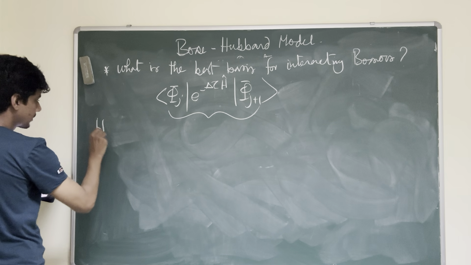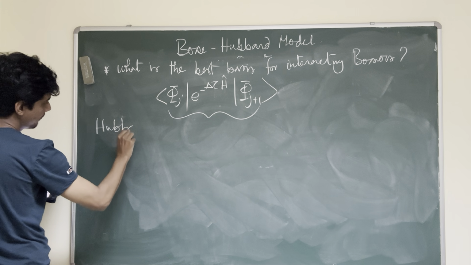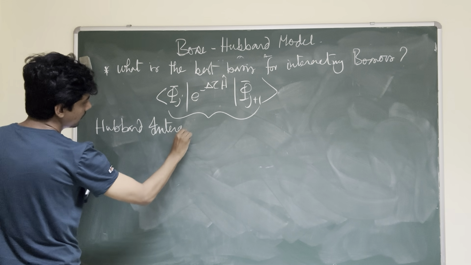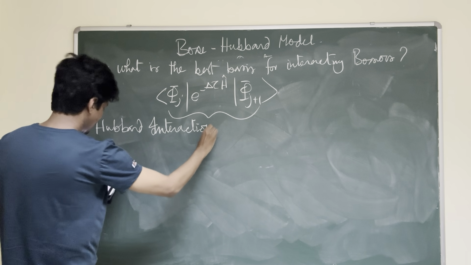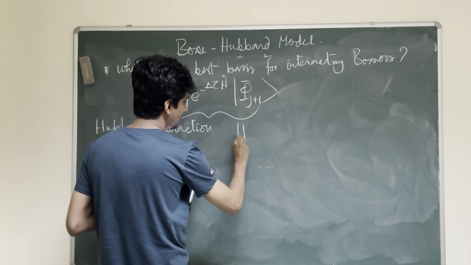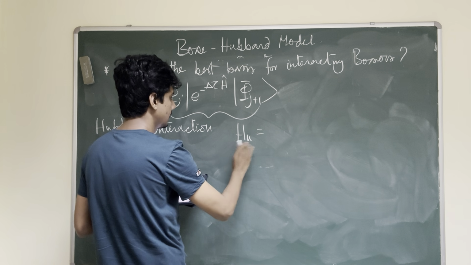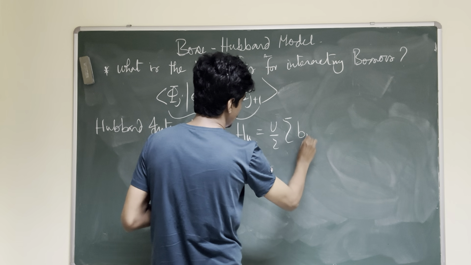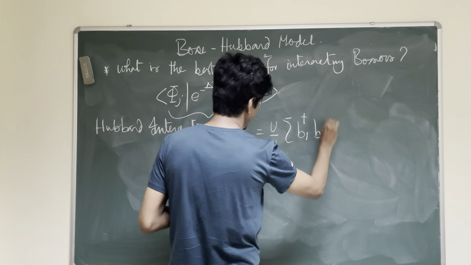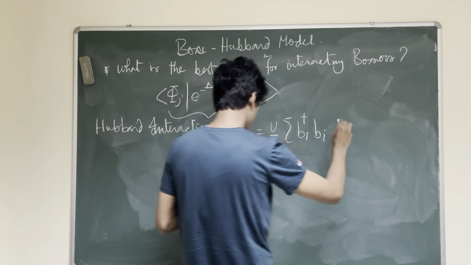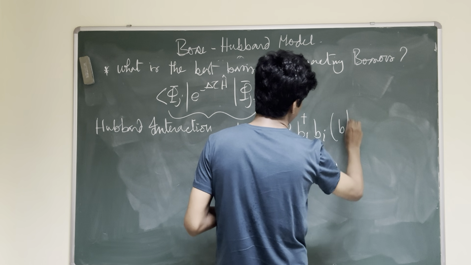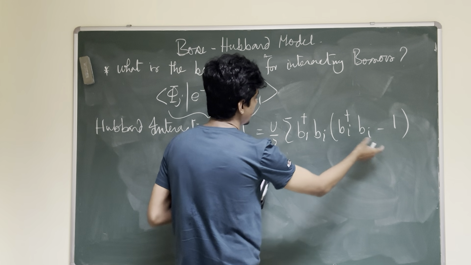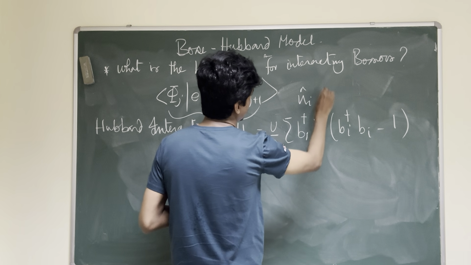So the Hubbard interaction is basically something, maybe I coined the term, H_U, that is U by 2 sum over Bi dagger Bi and Bi dagger Bi minus 1. So basically Ni times Ni minus 1. So it looks like this.